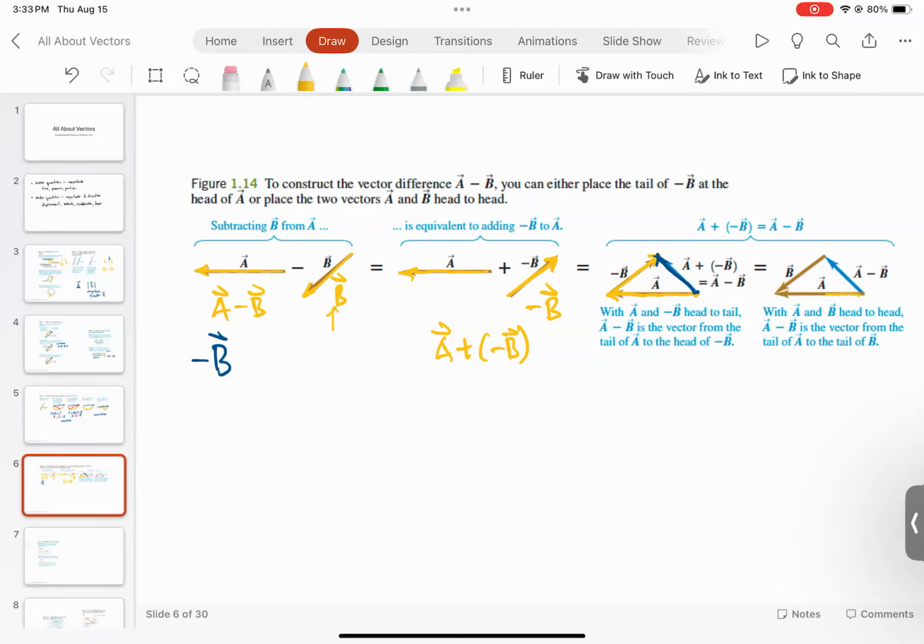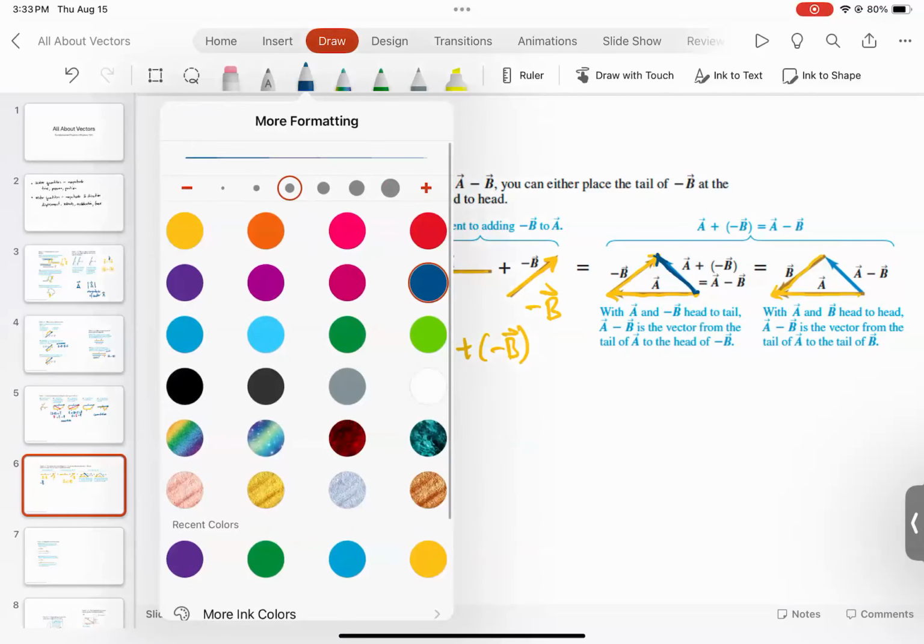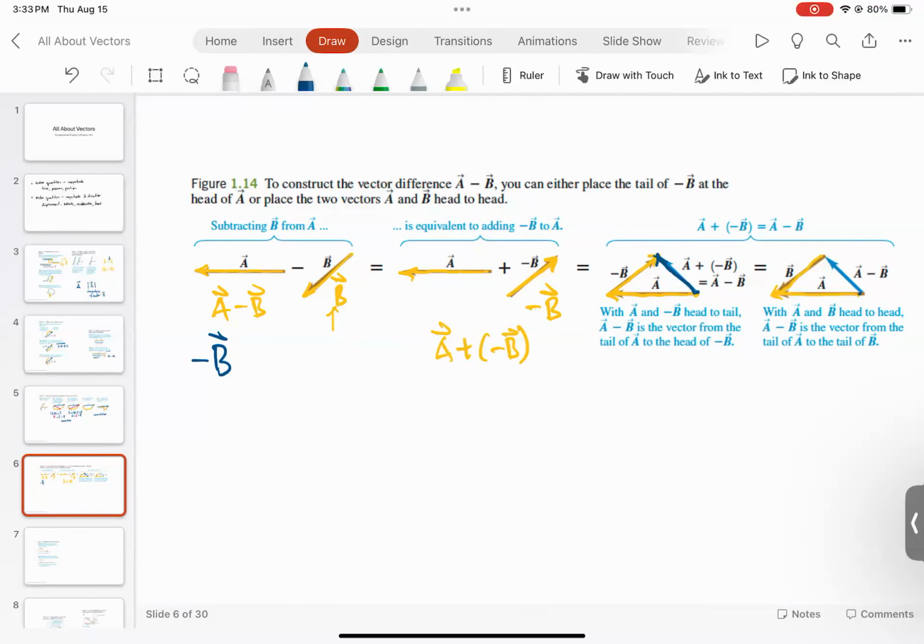So A, join it with vector B, vector B not negative B, and then you join the two tails. From the first vector to the second vector, and that's the resultant vector.